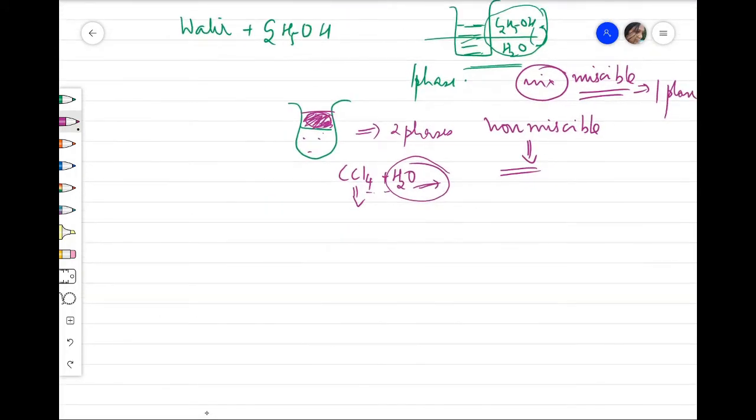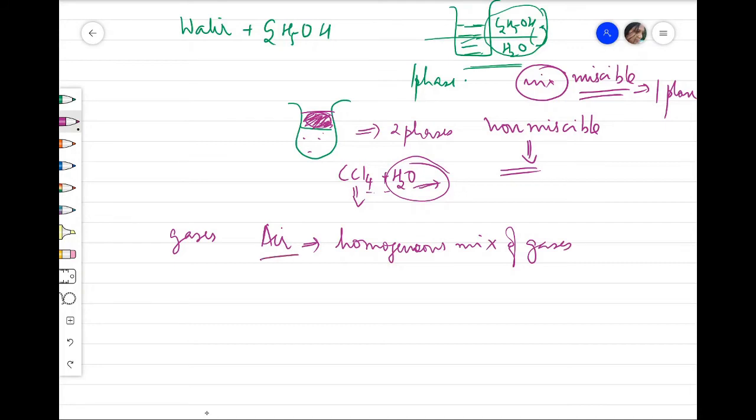Another thing, now let me go to gases. Take air. The definition of air itself is that it is a homogeneous mixture of gases.